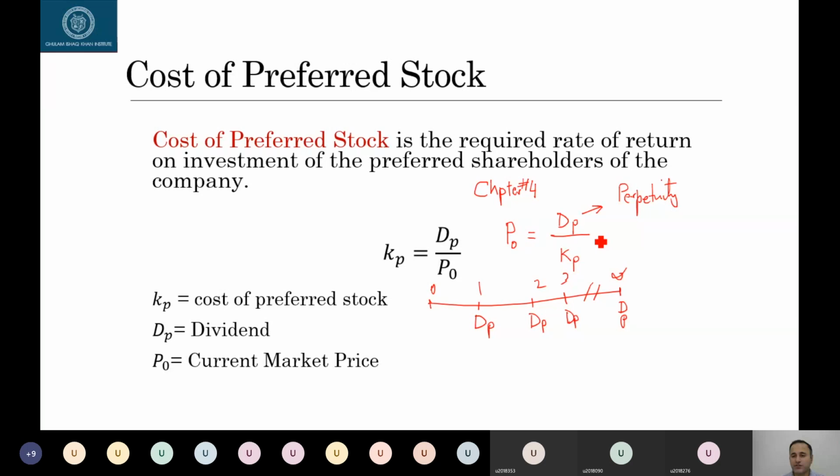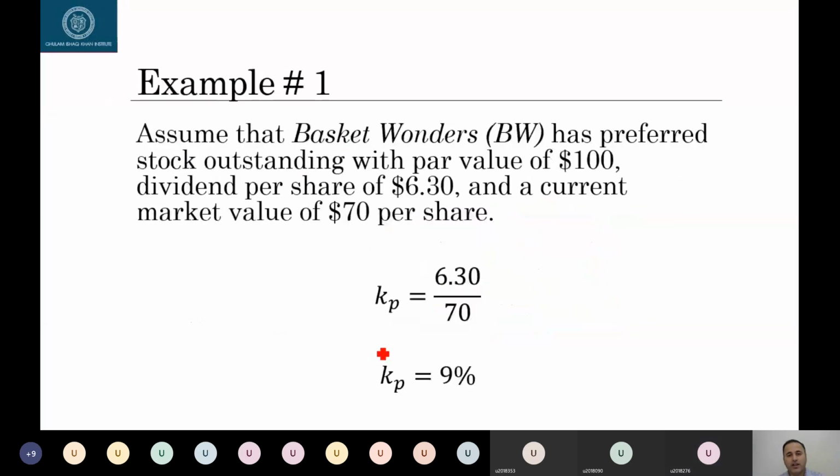I don't remember now. Anyways, if you remember from chapter number 4, the price of preferred stock, we calculated it in this way. It's simple algebra. So the way we calculate now the cost of preferred stock is dividend divided by the current market price of the preferred stock.